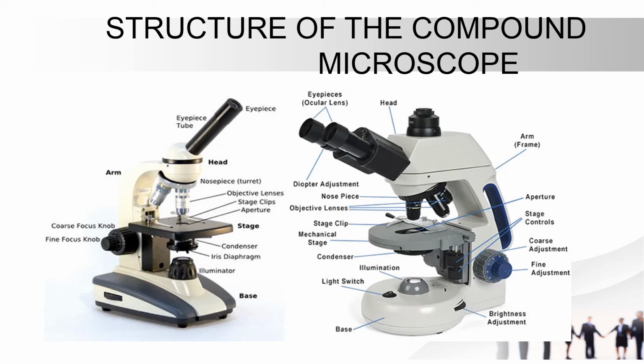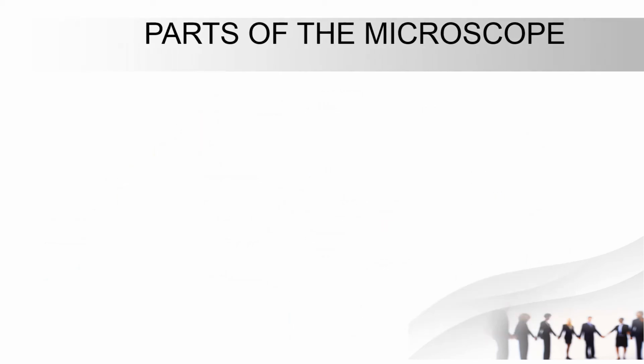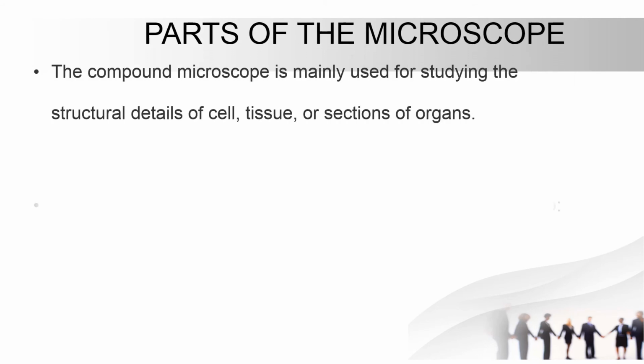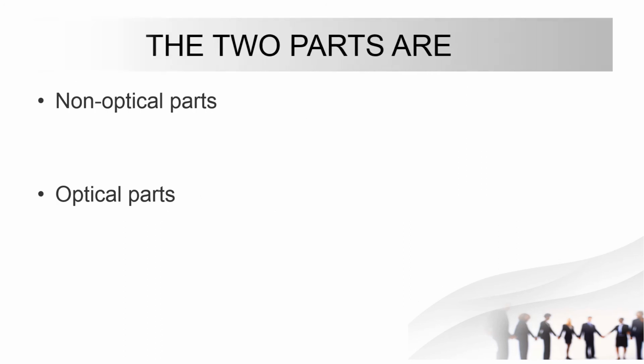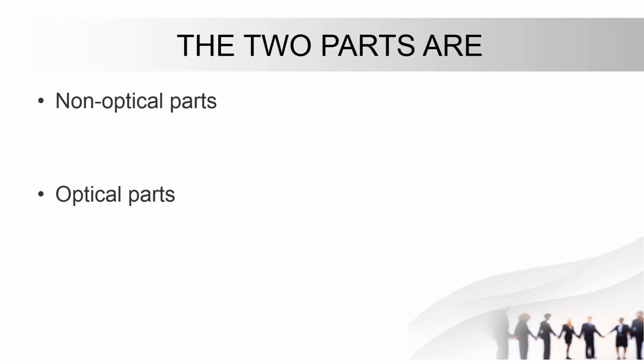Now the compound microscope can be categorized into two: the optical part and the non-optical part. The non-optical part is not concerned with light, which means it has nothing to do with light.